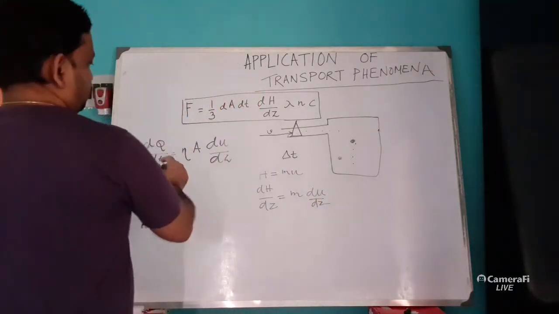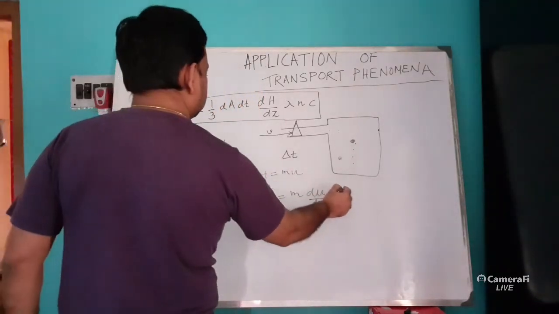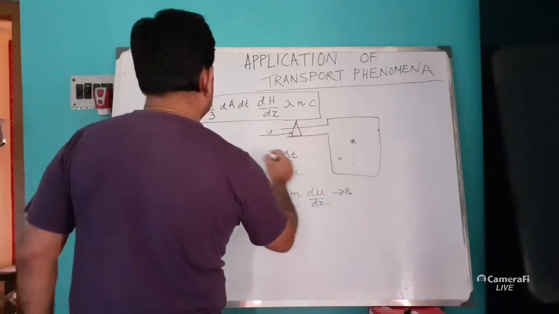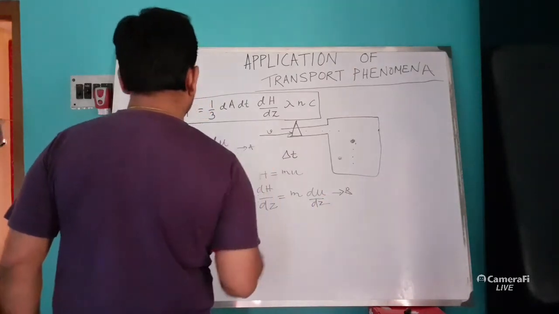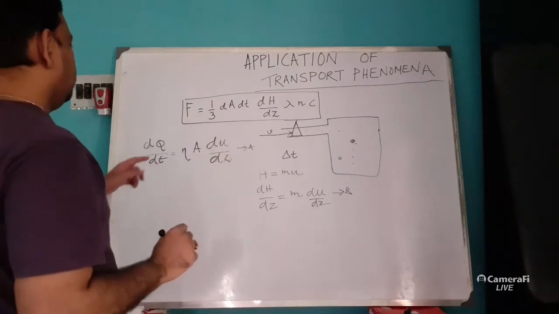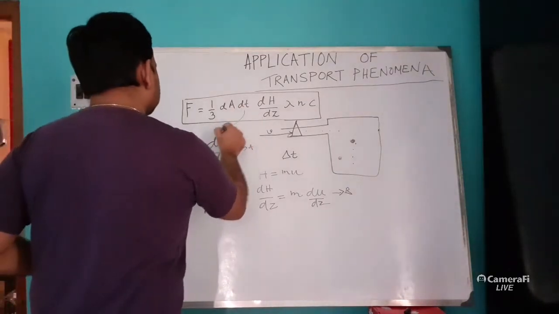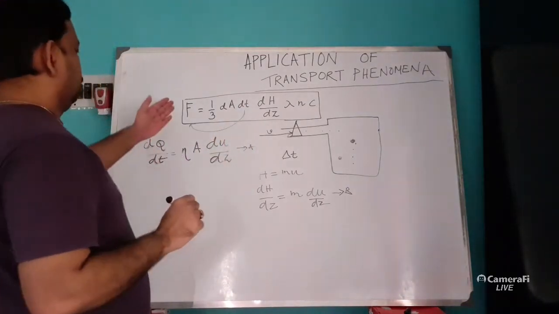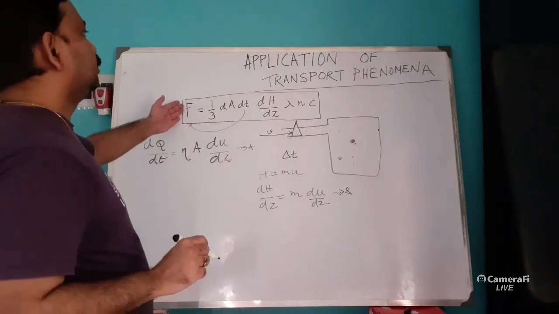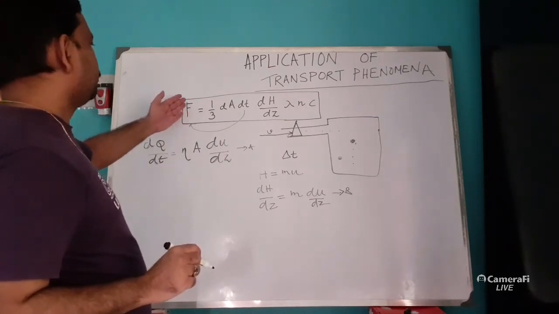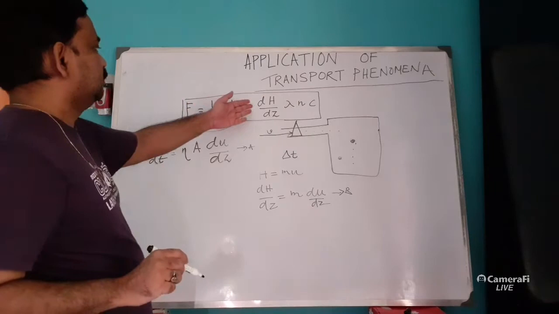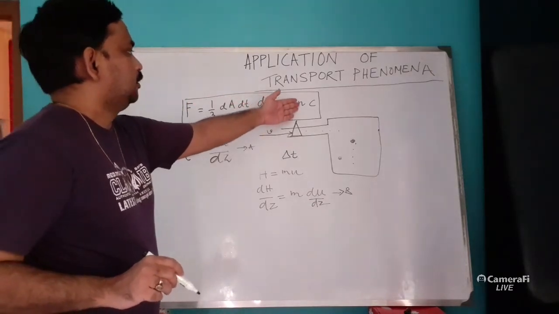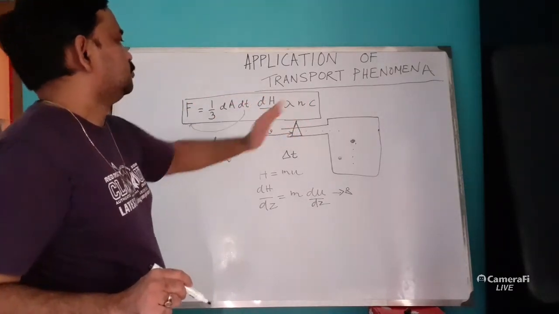Now suppose this is equation B and this is equation A, and if we bring this dt over here, the transport per unit time is 1/3 dA dt dH by dz lambda n c.